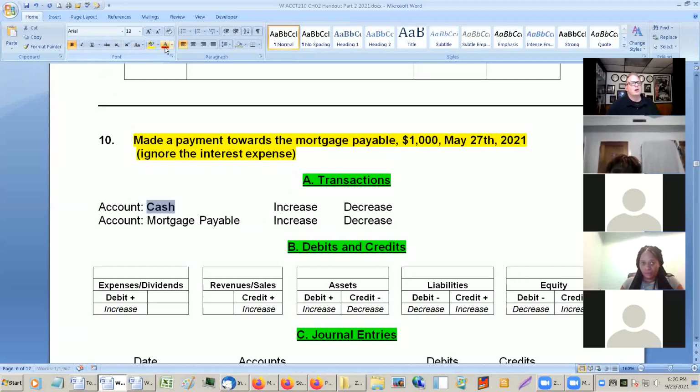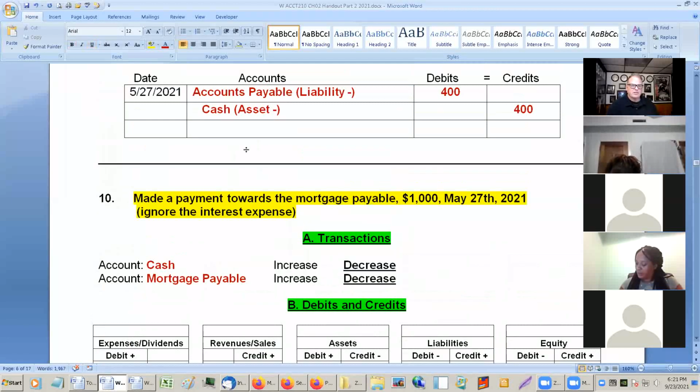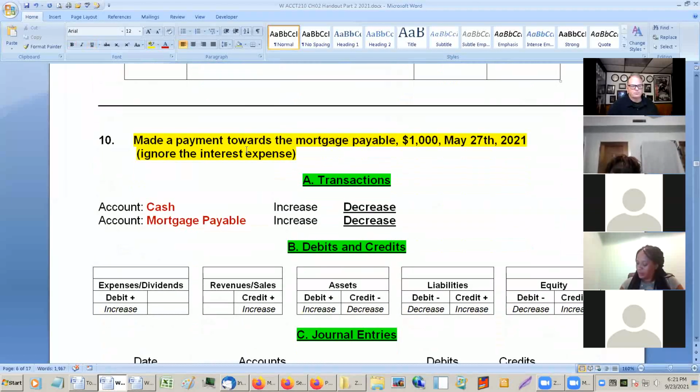So those two are the accounts. Cash going up or down? Down. Yep. Mortgage payable, up or down? Down. Down. Good. So it's very similar to this one we just had.